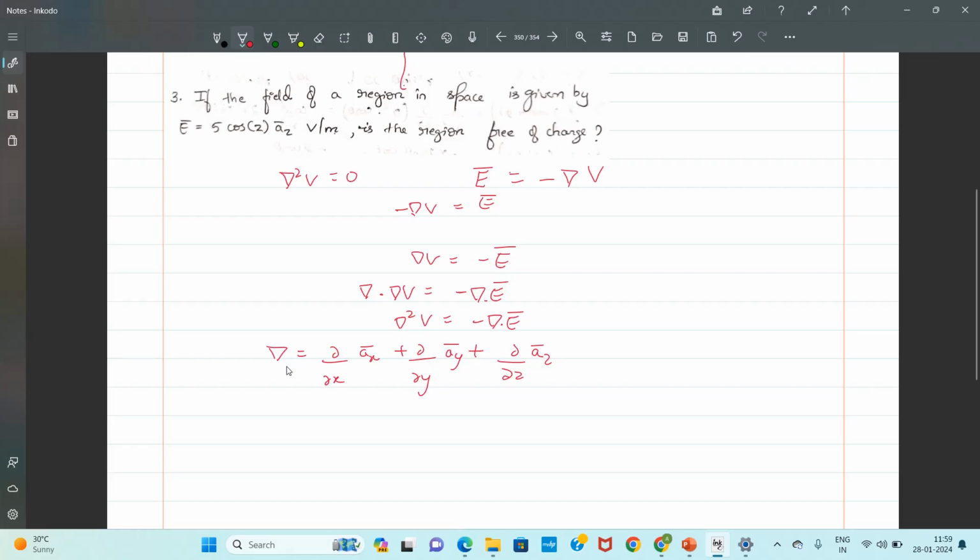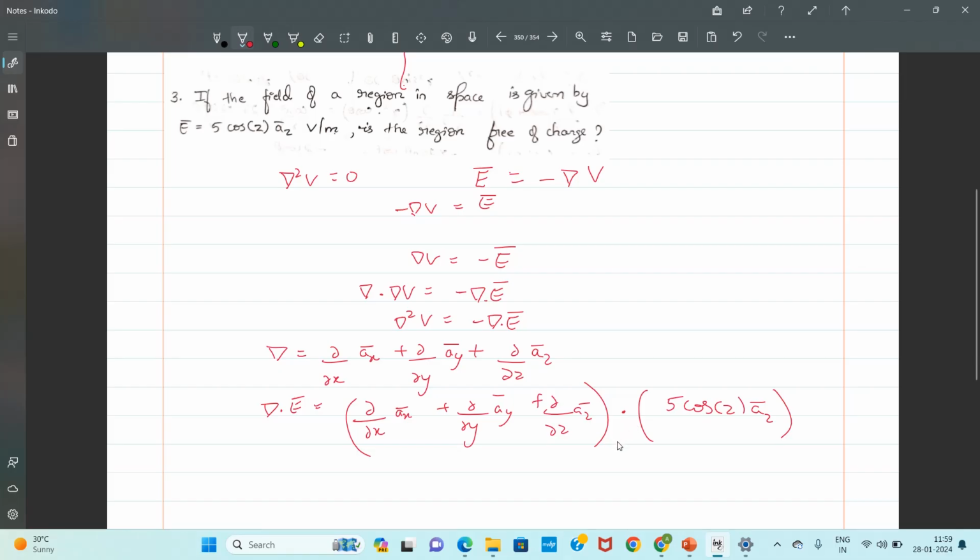Del is nothing but the divergence operation, which is given by dou by dou x ax, dou by dou y ay, dou by dou z az. Take the dot product of this and the given intensity equation. So you just have to take now del dot E: dou by dou x ax plus dou by dou y ay plus dou by dou z az, dotted with the intensity equation 5 cos z az.